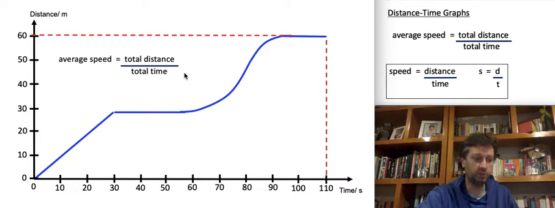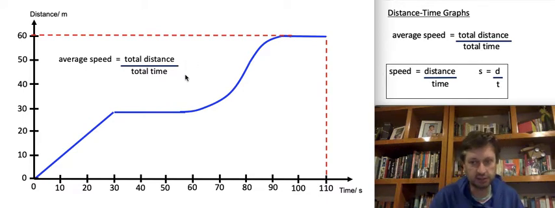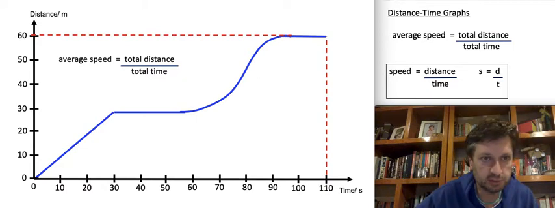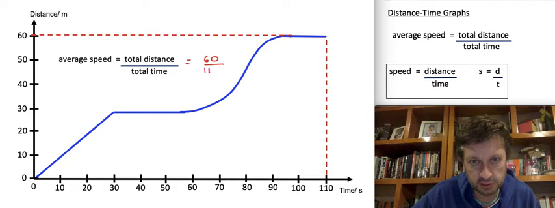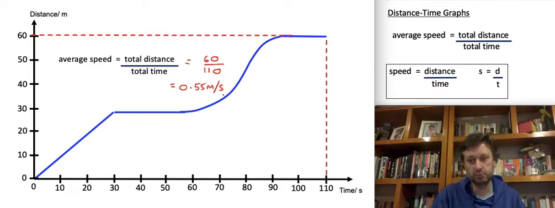So that would be equal to 60 meters divided by 110 seconds, and that would give us an average speed of 0.55 meters per second. It's very important we don't forget the units, please.